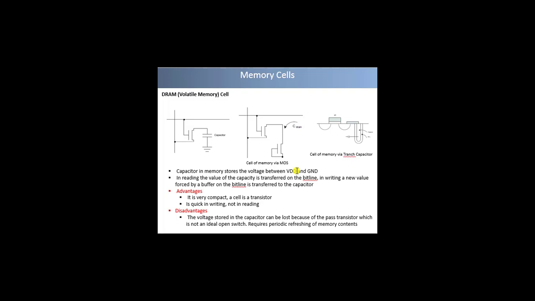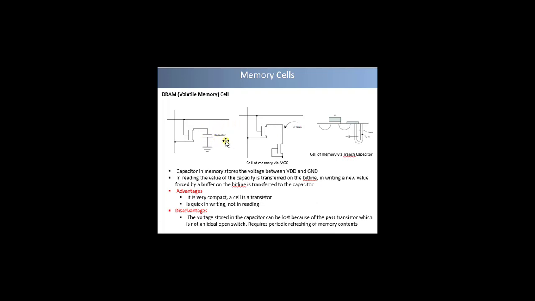When the capacitor is discharged to ground, we say that the memory cell is storing a 0 binary value. So in a reading mode, the value of the capacitor is transferred on the bit line, while in a writing mode, a new value coming from the bit line is forced by a buffer onto the capacitor.